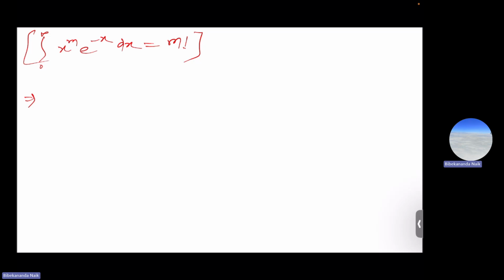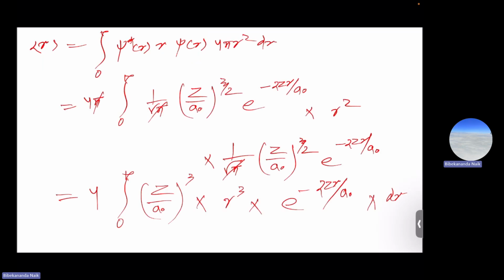So here x is 2zr by a0. So what can we write here?